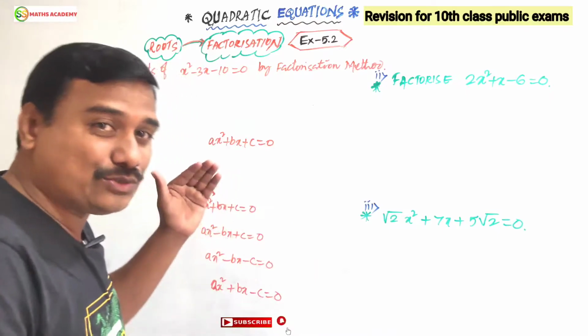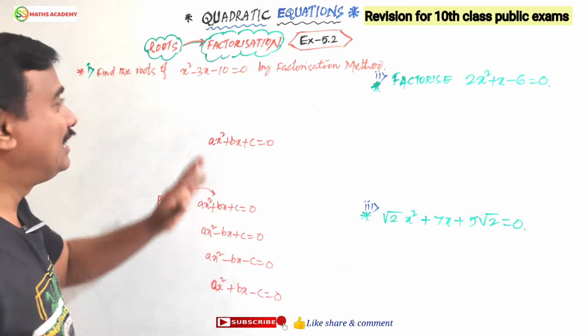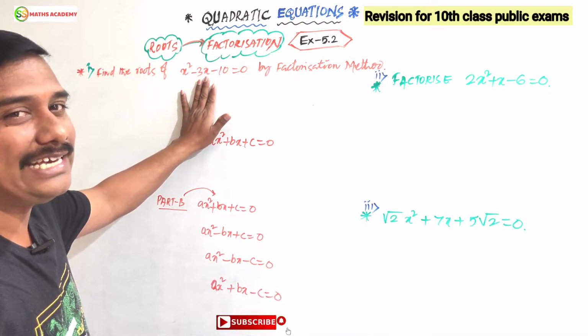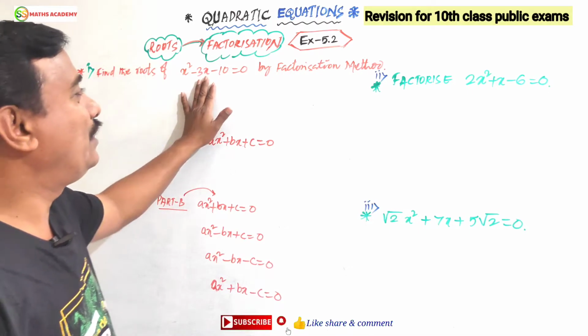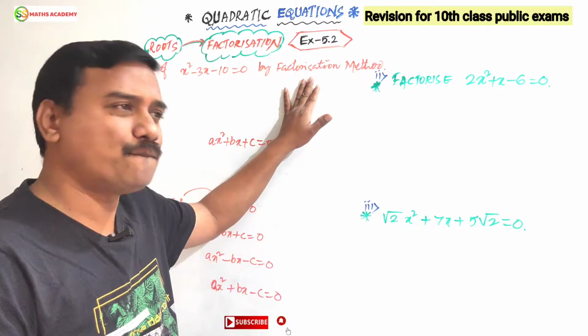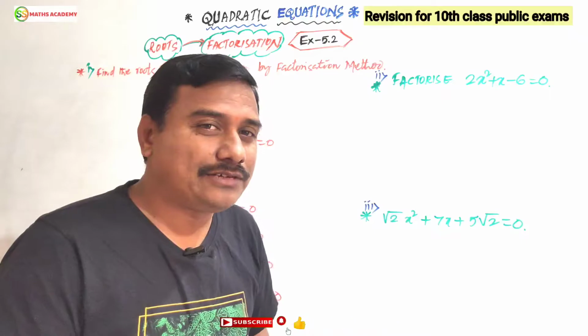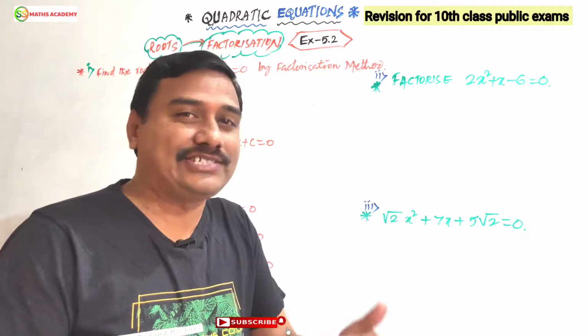Now let us see the first question in front of you, dear friends. Find the roots of x square minus 3x minus 10 equals 0 by factorization method. Okay, children, what is the general form of a quadratic equation? Let us recapitulate our previous knowledge.